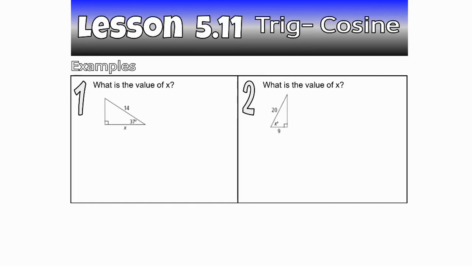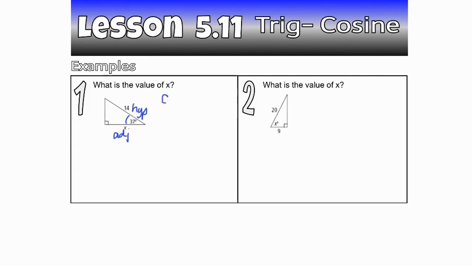So let's look to see what we're given. We're given this angle here, and we're given the adjacent side, and we're given the hypotenuse. That tells me I need to use the cosine, because the cosine is the adjacent side divided by the hypotenuse.